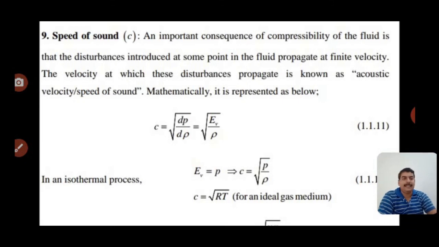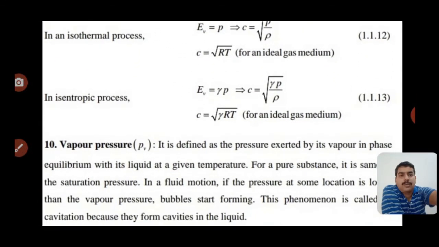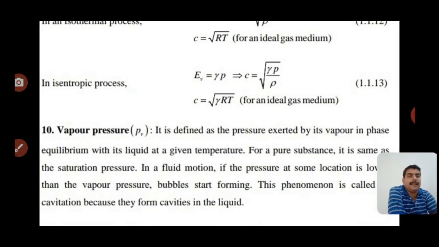For an isentropic process, C is equal to square root of gamma RT.